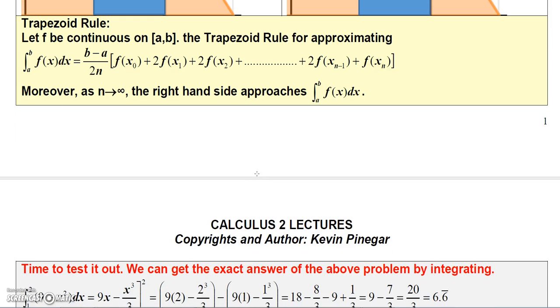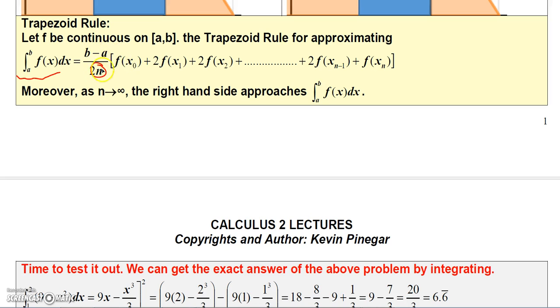The trapezoid rule for evaluating an integral, if you want to evaluate the integral of f of x from a to b, is b minus a over 2n, where n is the number of subintervals that you're going to use.